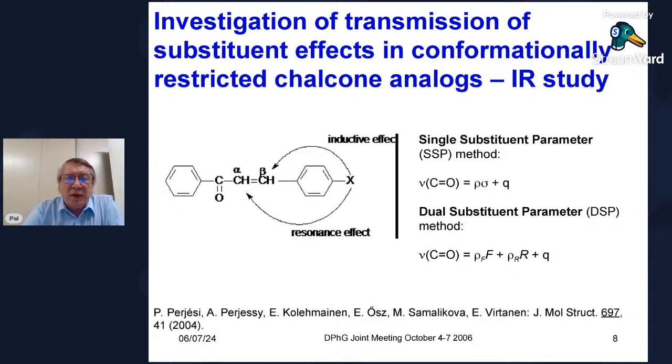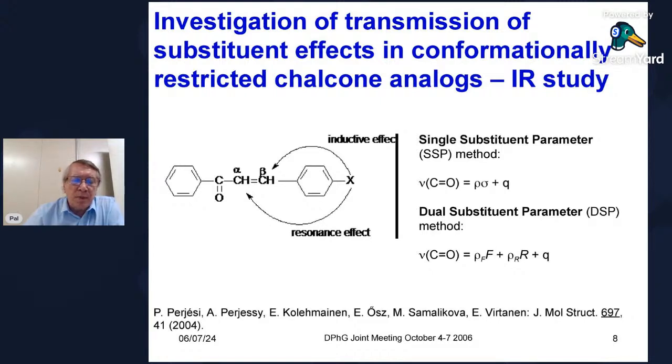The first set of investigations aimed to see how efficiently the electronic effect of the aromatic substitution of the benzylidene moiety is transmitted through the conjugated system up to the carbon-carbon double bond.